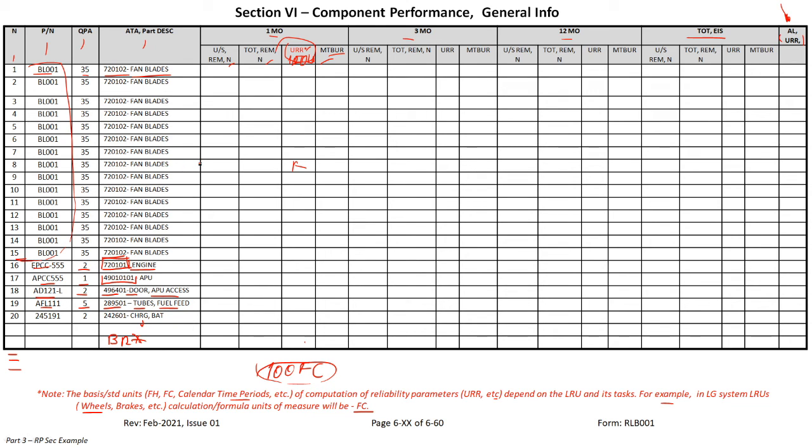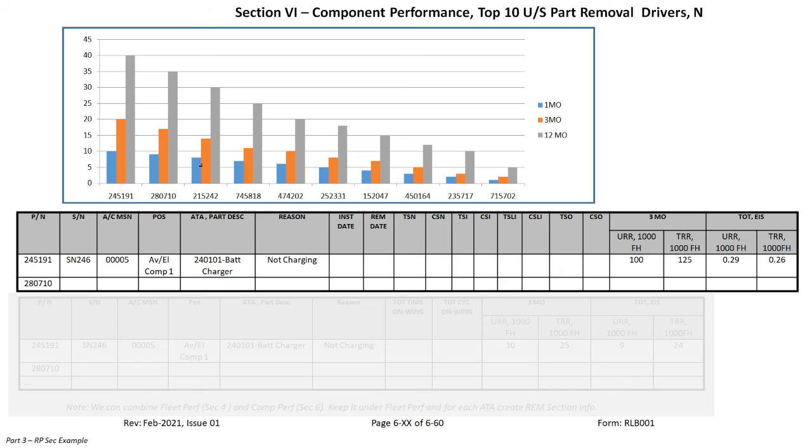For this reason, I would like to advise you to create exactly the same table, the same report slide, as we had in our system performance section. This is just copy paste from that section.